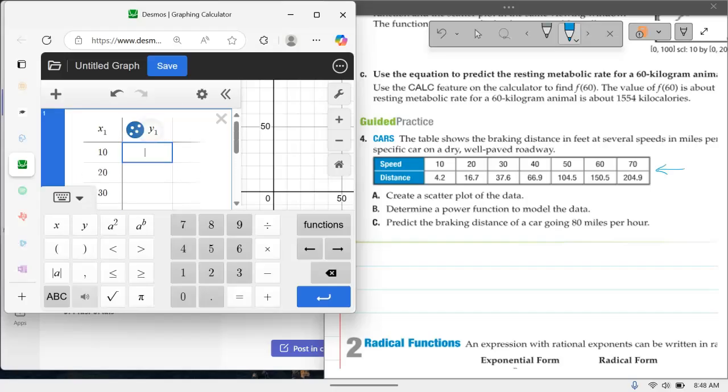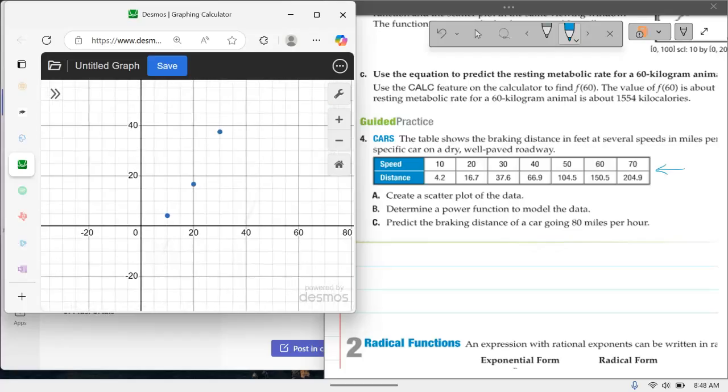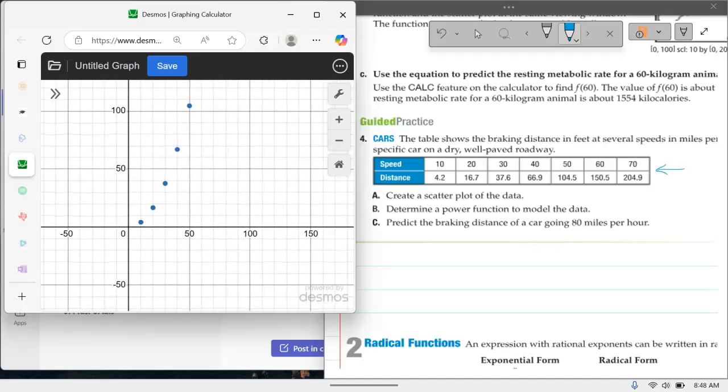Next, I need to go back up here. When x is 10, y is 4.2, 16.7, 37.6, 66.9, 104.5, 150.5, and finally 204.9. Okay, you can see if I move this out, you can see the points.